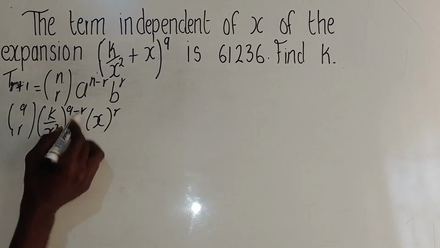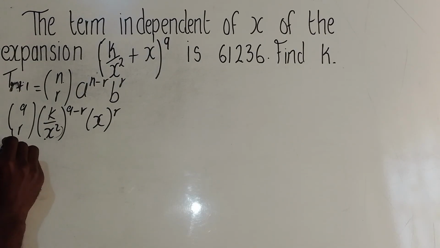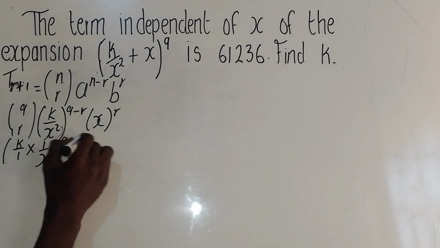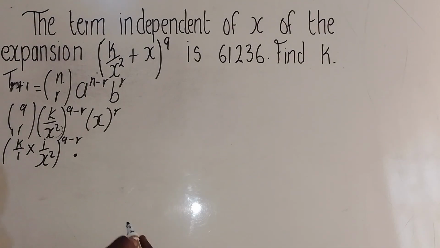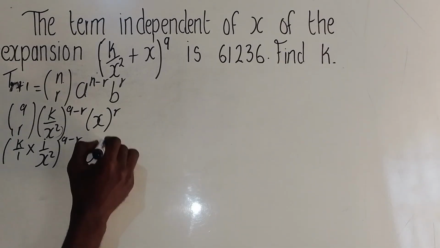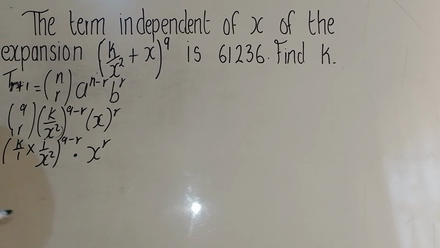So we can expand this part alone. It will be k over 1 multiplied with 1 over x squared to the power 9 minus r, dot product, meaning times x to the power r. Now we only focus on r for now.